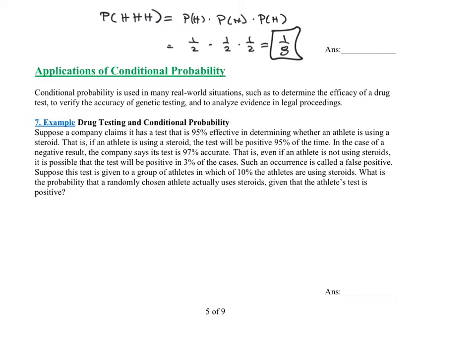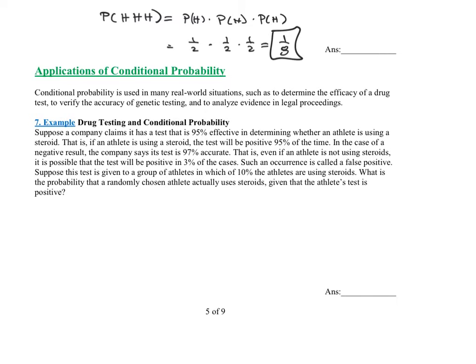Okay? So it says, suppose a company claims that a test has a 95% effective rate in determining whether an athlete is using a steroid. That is, if an athlete is using a steroid, the test is positive 95% of the time. In the case of a negative result, the company says that the test is 97% accurate.